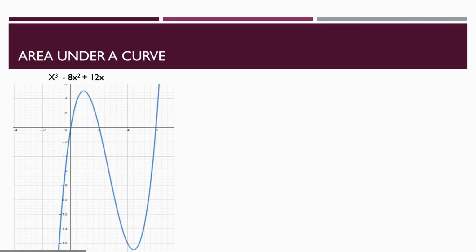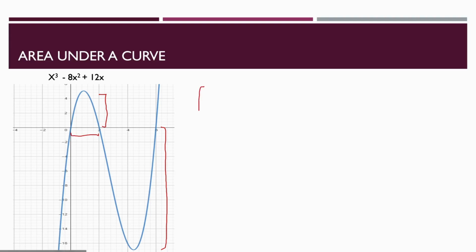Alright, so here we have another type of situation. You can see we have the graph for y is equal to x cubed minus 8x squared plus 12x. So just by seeing the graph, you can see we have to find two areas. This and this are going to be separate. So first we have to find the area for 0 till 2.